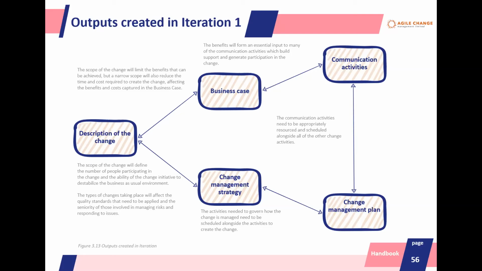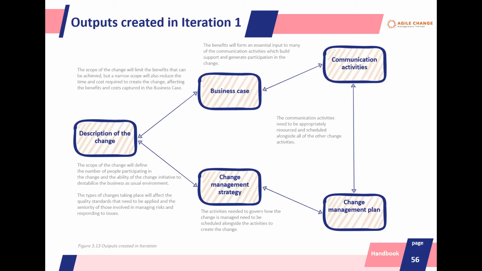The change management strategy sets out who we're going to be working with and how we're going to be working. And of course, that is going to be reflected in the activities we put into our change management plan. That change management plan will have the structure of the roadmap we're studying right now, but we will be dependent on whatever we decide in our strategy. How we're going to manage things will obviously affect what activities we put in there.